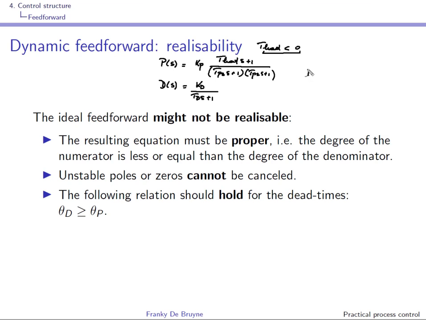So if we look at D over P, what we'll have here is Kd over Kp, right? As usual, we'll have these two at the numerator, Tp1S plus 1, and then Tp2S plus 1. We'll have this one here at the denominator, and we'll have the lead here at the denominator now.